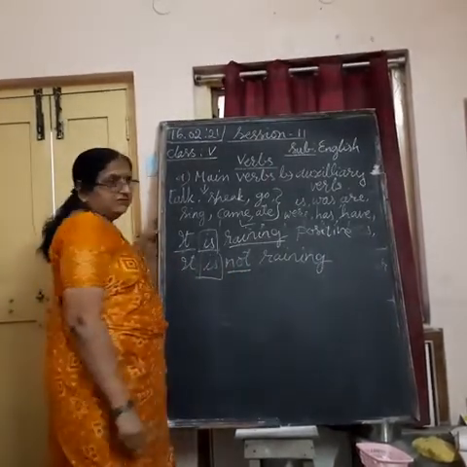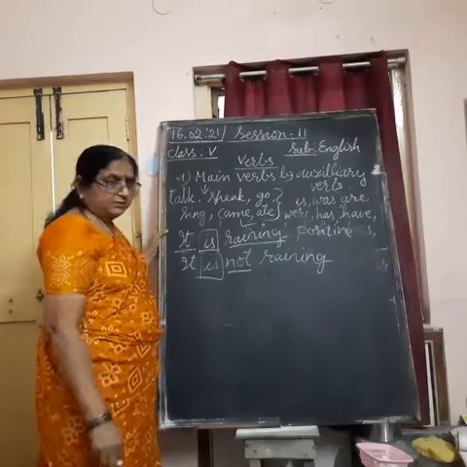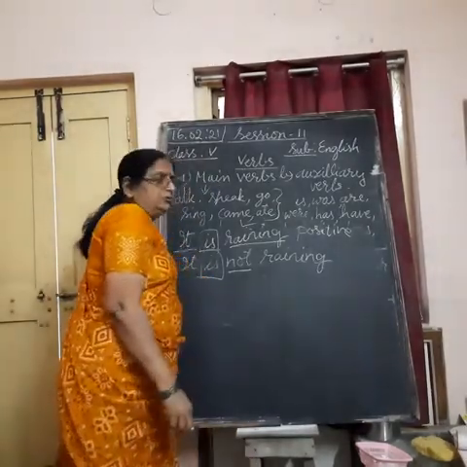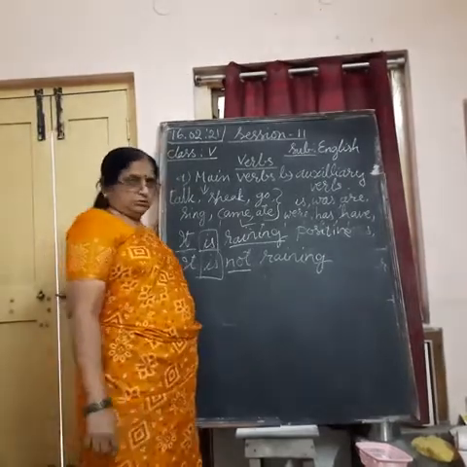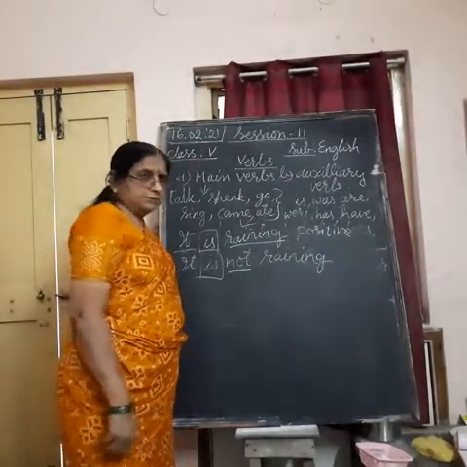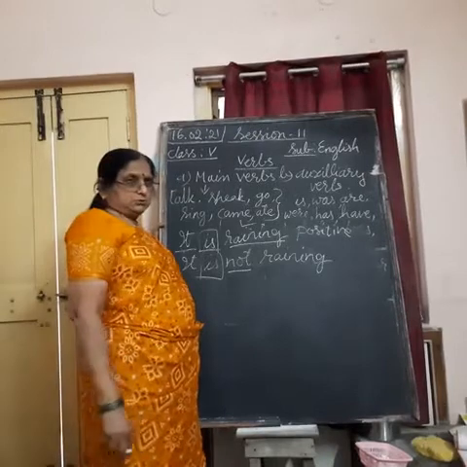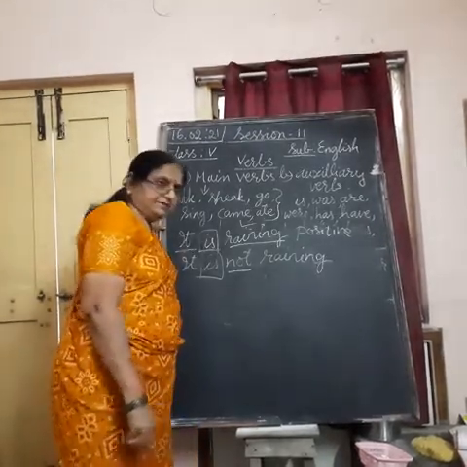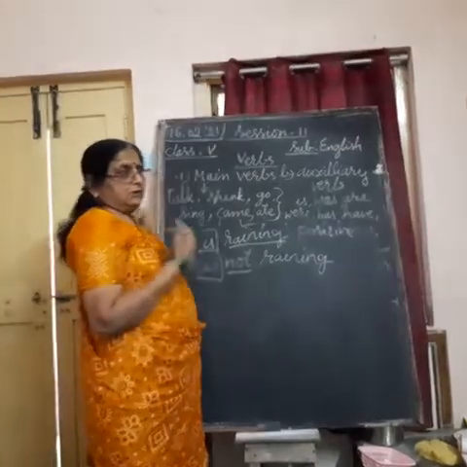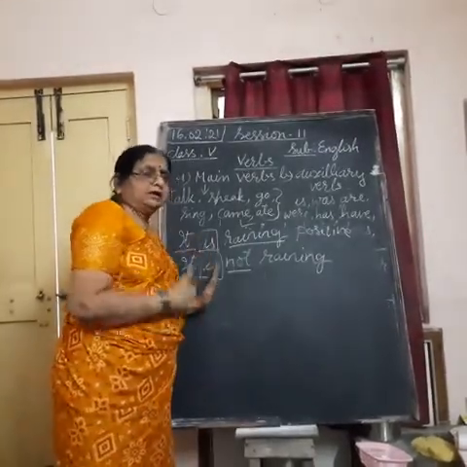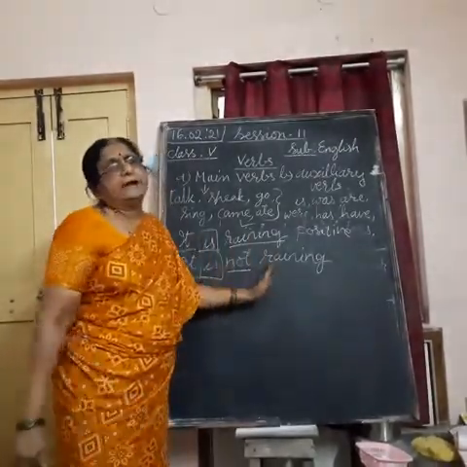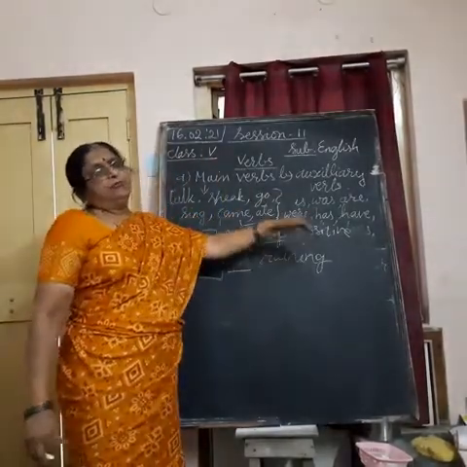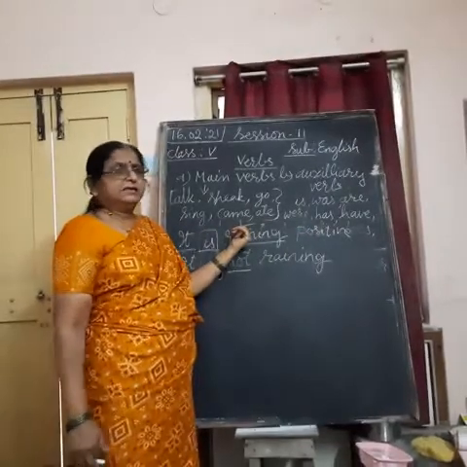"She is clever." "She is not clever." "They went out." "They did not go out." "She came to school late." "She did not come to school late." "He can drive a car." "He cannot drive a car." So always, only after the auxiliary verb you have to add "no" or "not." Then it becomes the negative form of the given positive sentence.